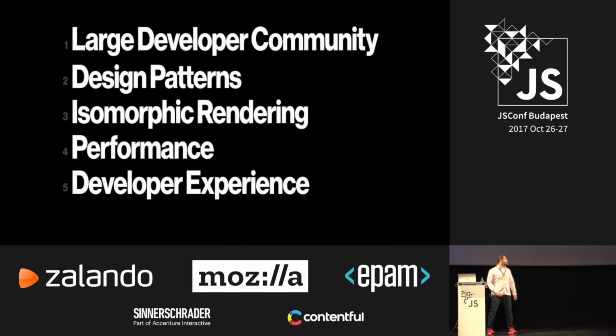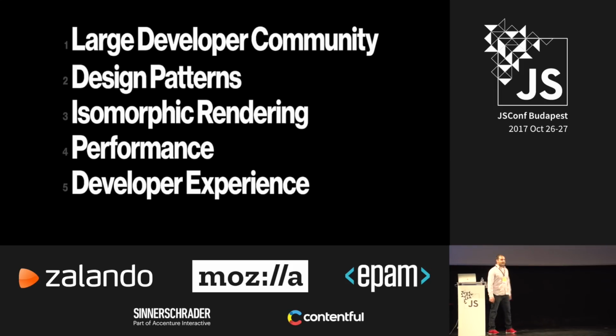On this slide, you can see a list of requirements that we had for our new framework. We want to have a framework with a large developer community. React has a huge developer community, and we would like to take advantage of it. Another requirement is design patterns. React is very compatible with our legacy stack, and it makes the migration to many other frameworks much easier.